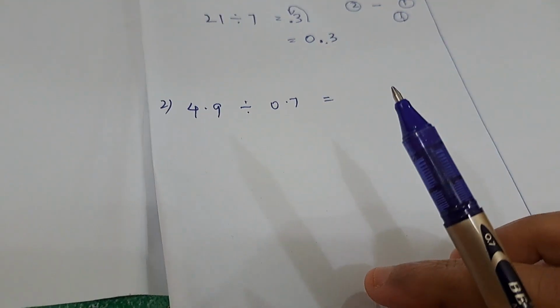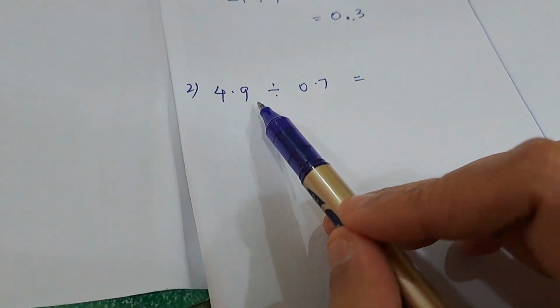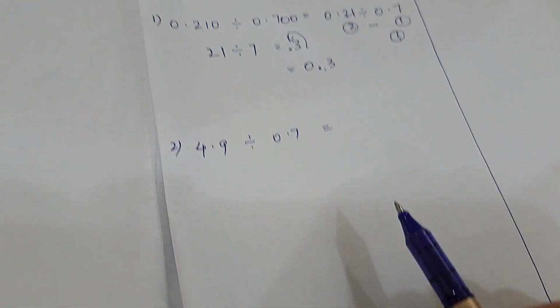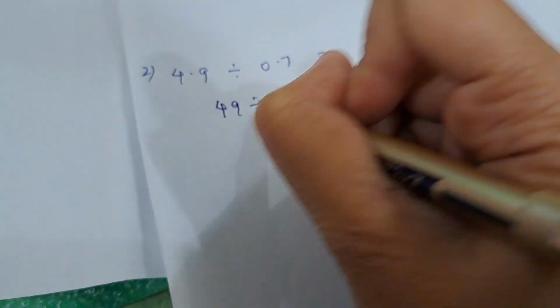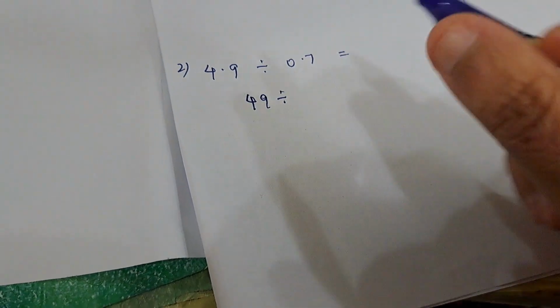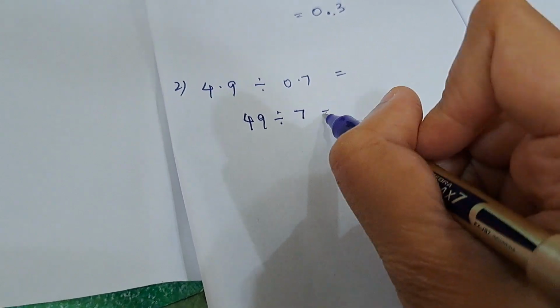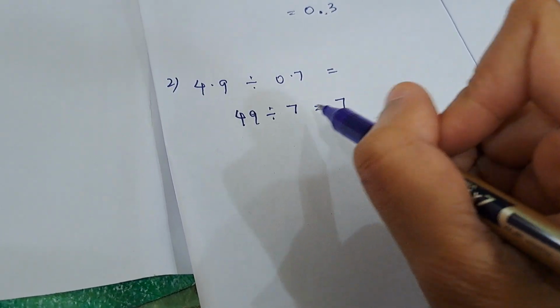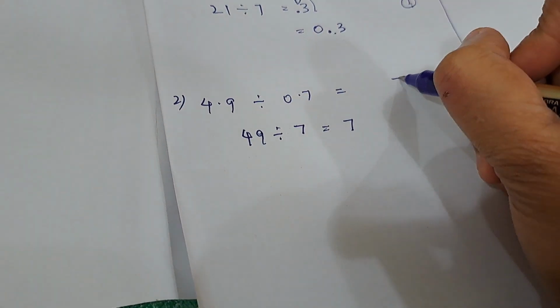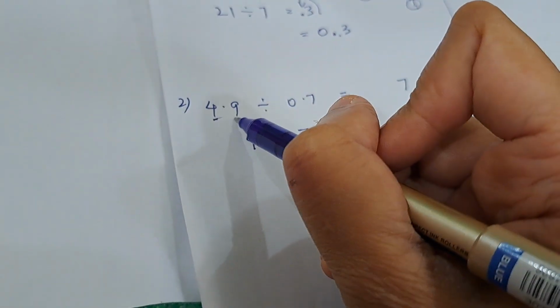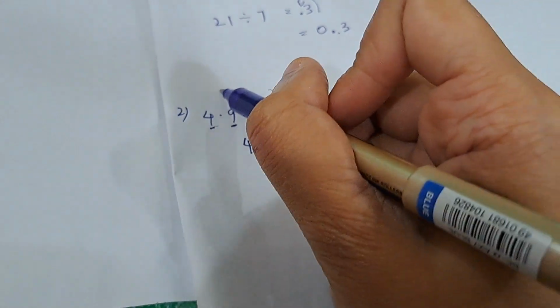Moving on to the second case, 4.9 divided by 0.7. We will do the same thing. Do the division excluding the decimals. 49 divided by 7, which will be 7. 7 sevens are 49. Now it is time to place the decimal point. So, how many digits are there after the decimal point? 1.